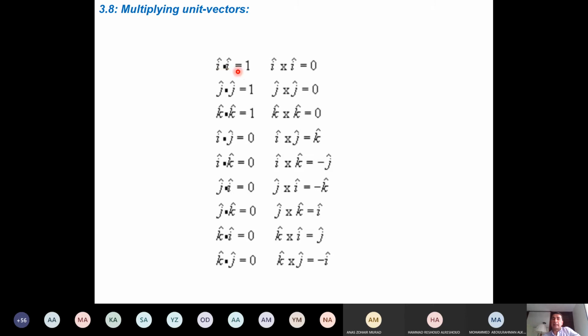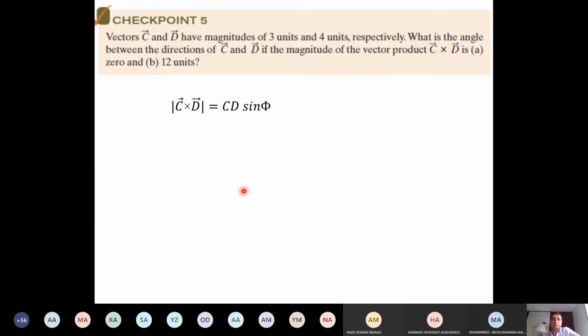So I dot I is 1. The product between the same components will always give you 1, 1, 1. And you know cosine 90 is 0, so all the odd vectors, which are not the same, will give you 0. So this is the final conclusion.